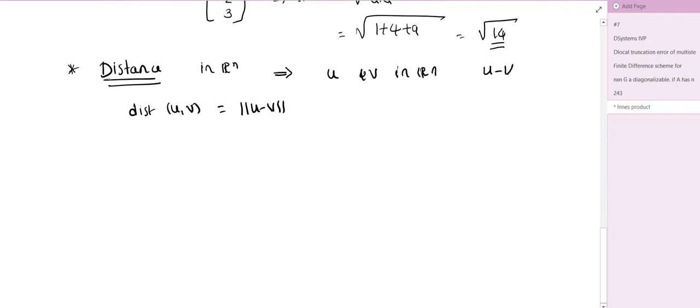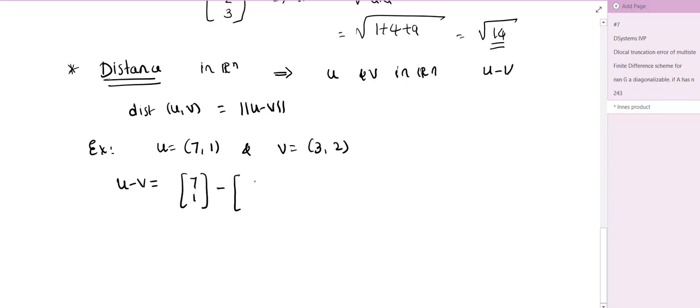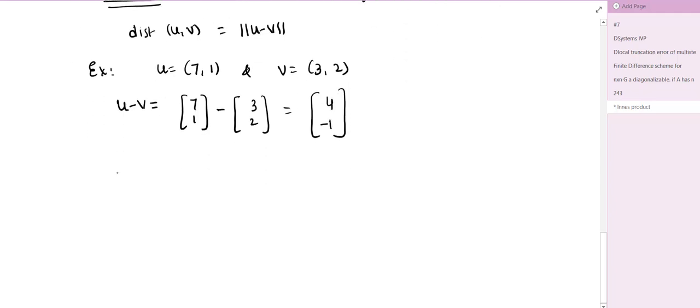So for example, say you want the distance between the vectors u equal to 7, 1 and v equal to 3, 2. Let us find u minus v first. So u is 7, 1 minus v is 3, 2. This will give you 4, minus 1. Therefore, the norm of u minus v will be the square root of 4 square plus minus 1 square.